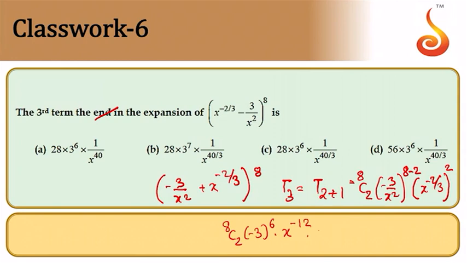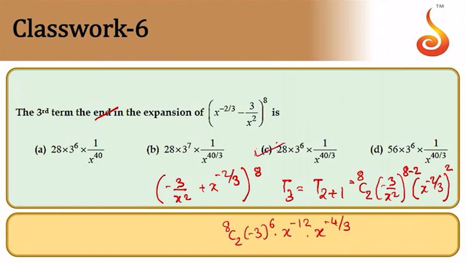A simple question. This is 8c2 into minus 3 to the power 6 into x to the power, this is already 2, this is 6, x to the power minus 12, and this is x to the power minus 4 by 3. Option C will come.